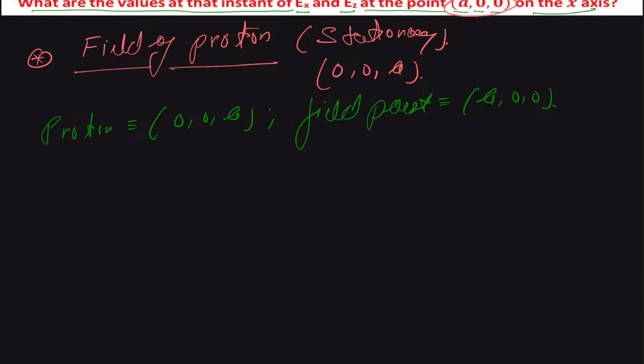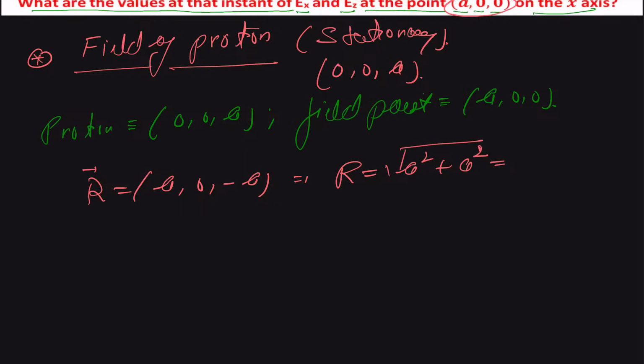Therefore, the distance vector r will be a, 0, minus a, and if we find its magnitude, r will be equal to the square root of a square plus a square, which comes as a square root of 2.